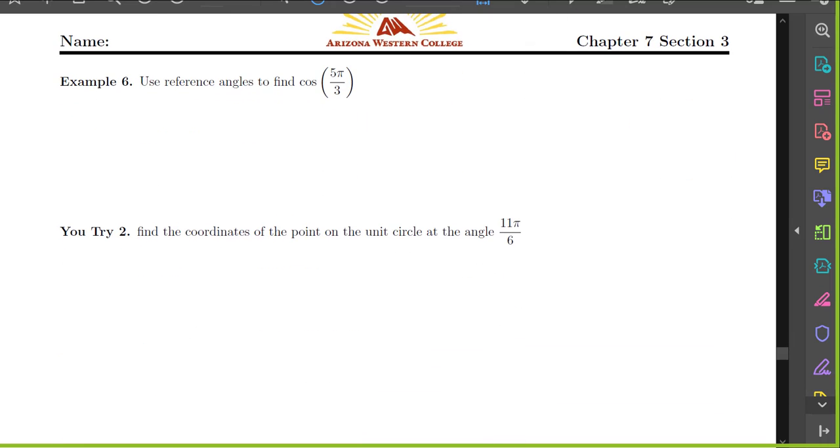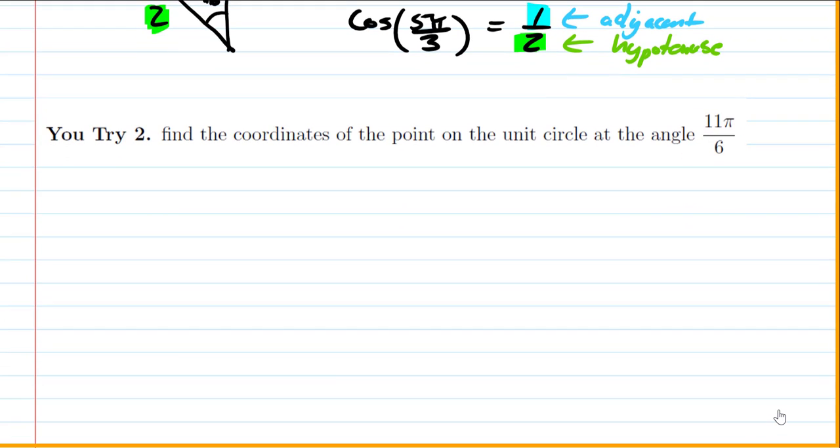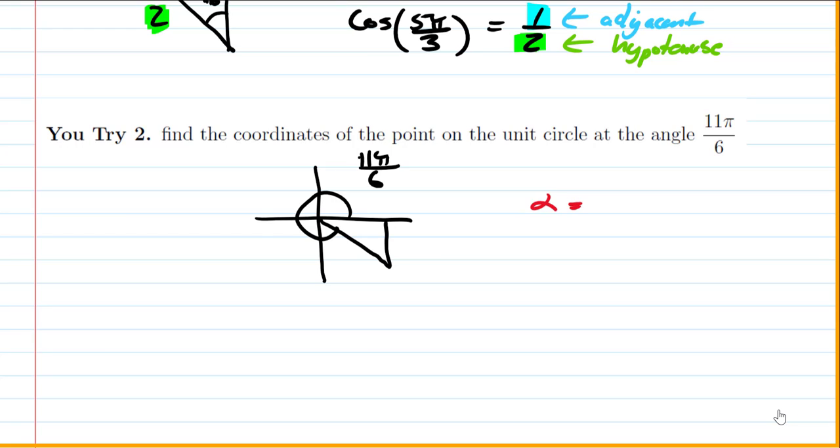All right, it's now your turn. So once again, this thing's going to be down here in quadrant 4. So we're at 11 pi over 6, which means that angle is 11 pi over 6. So then alpha, our reference angle, this needs to add to 2 pi, would just be pi over 6, or doing the formal computation, 2 pi minus 11 pi over 6 indeed gives us pi over 6.